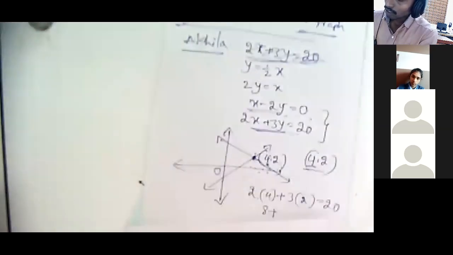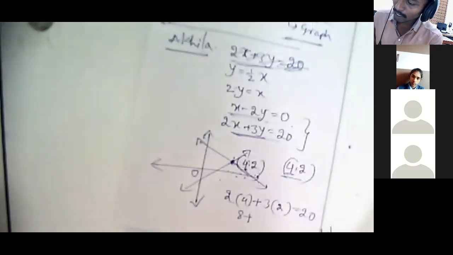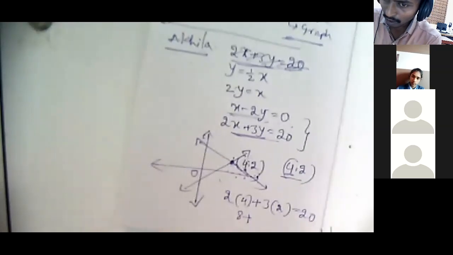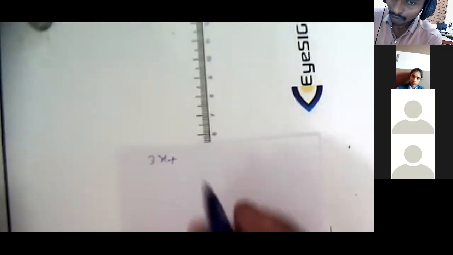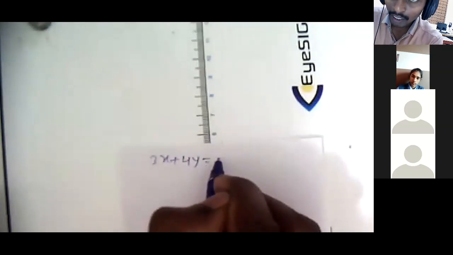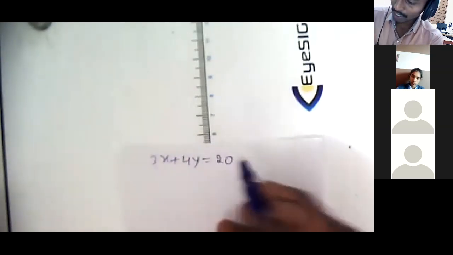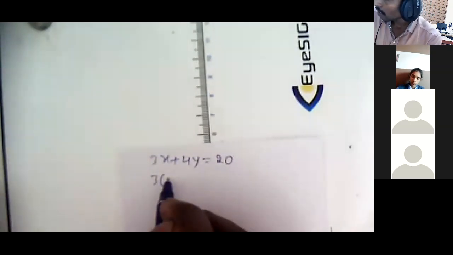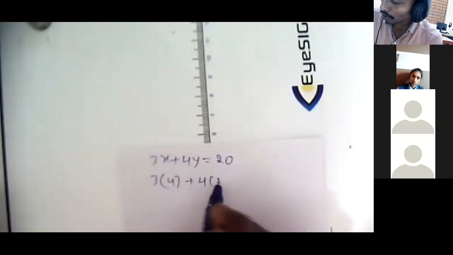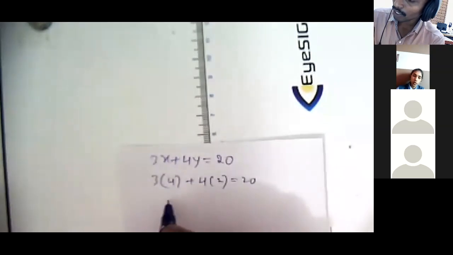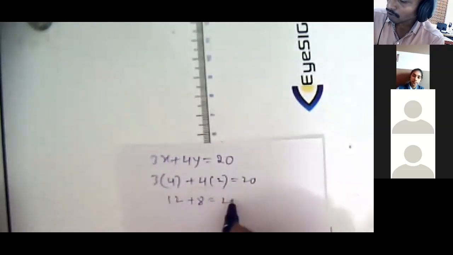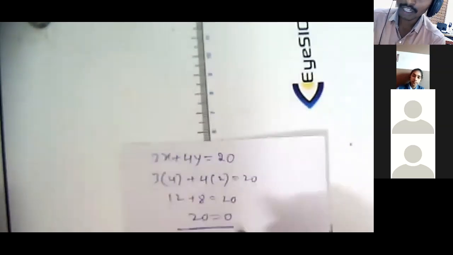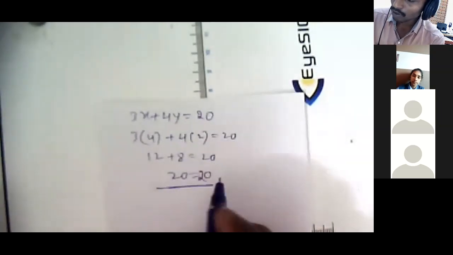It is 3x plus 4y is equal to 20. And 3 into the x value, which is 4, plus 4 into the y value, which is 2, is equal to 20. Therefore, 12 plus 8 is equal to 20. Yes, 20 is equal to 20.